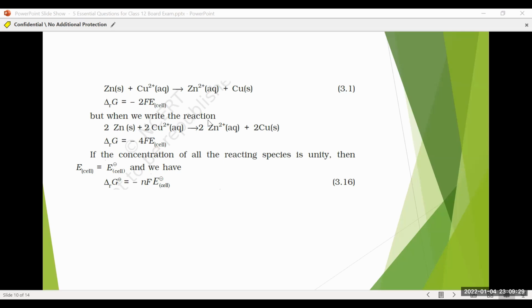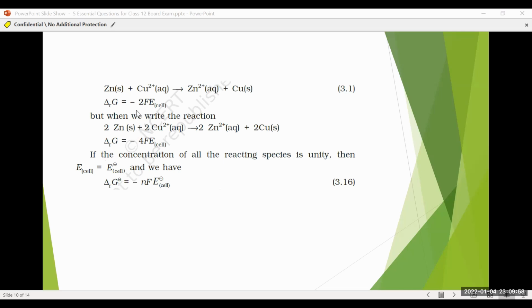When we are multiplying the equation with 2, actually it does not affect mathematically, but it affects in terms of our delta G, because delta G is an extensive property. It depends upon amount of substance. Let us see, if you multiply the equation with 2, it becomes 4. nF, we were writing 2 earlier, now we'll write minus.